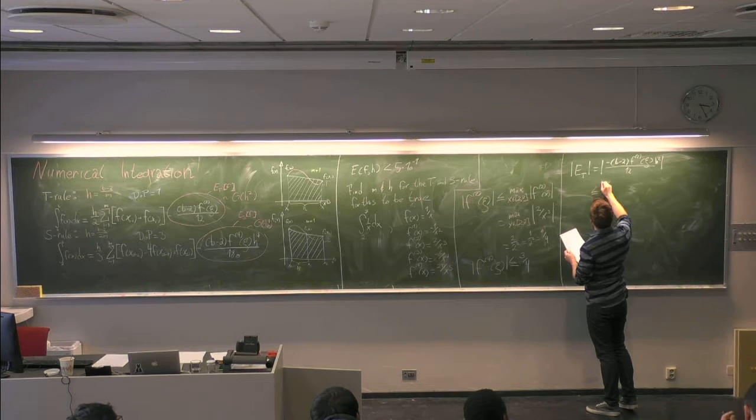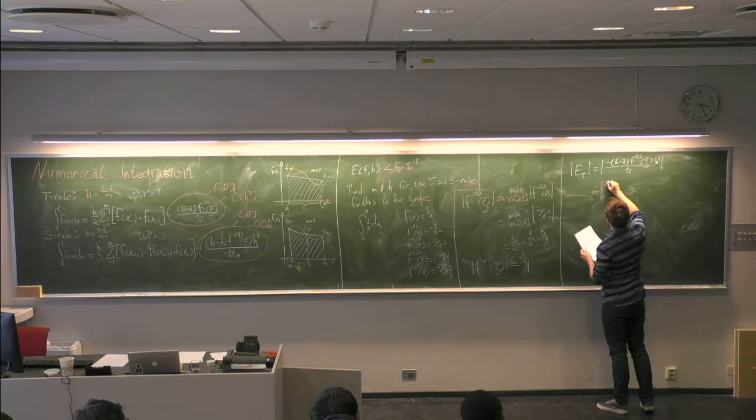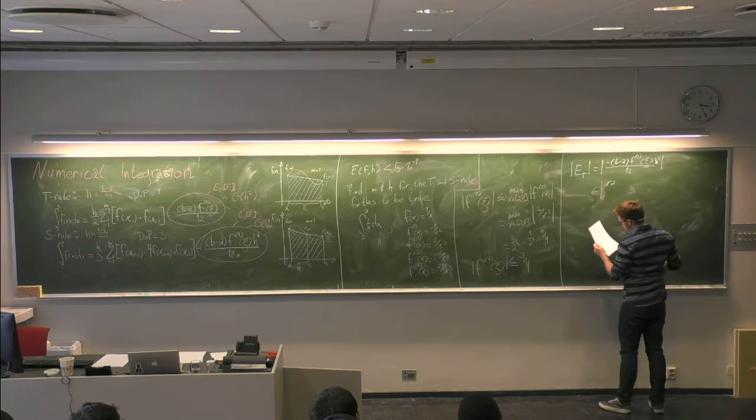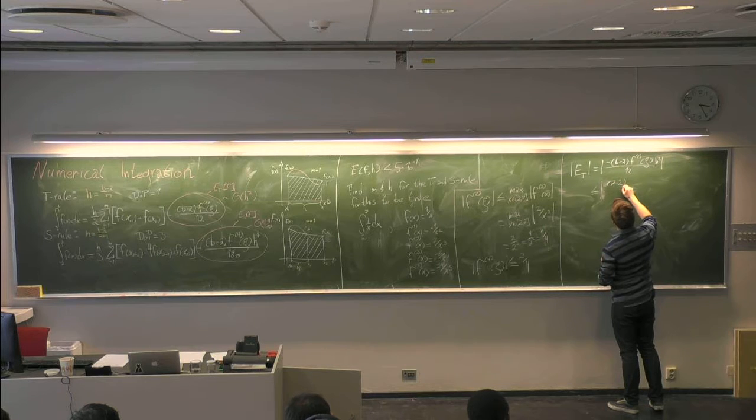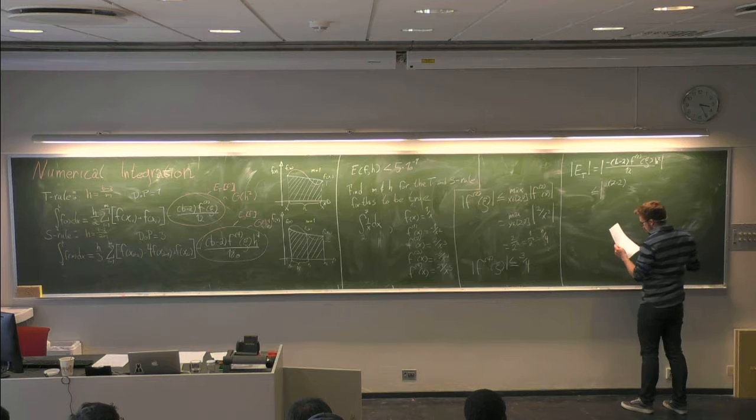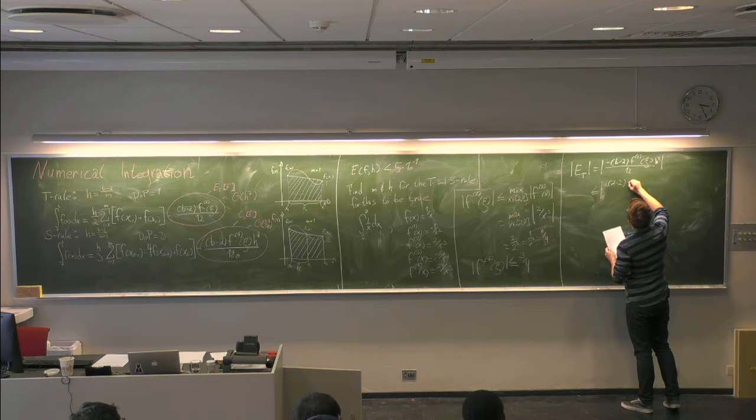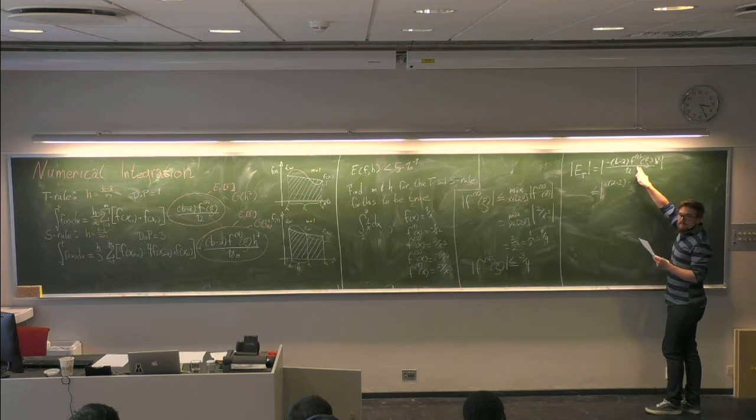Well, this is going to be less than 7 minus 2, so b minus a, times this one, which is going to be less than a fourth.